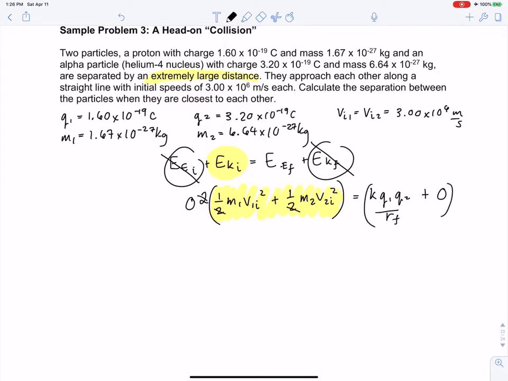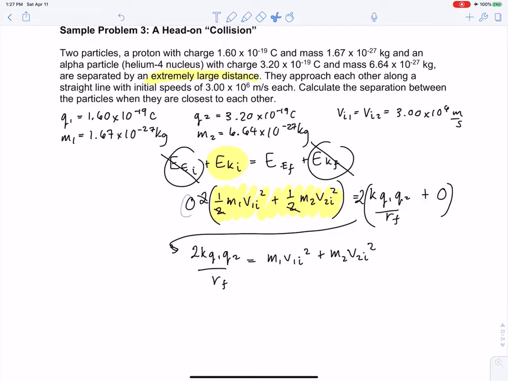So we end up with 2k q1 q2 over r final is equal to m1 v1 initial squared plus m2 v2 initial squared. I'll move that 0 over.